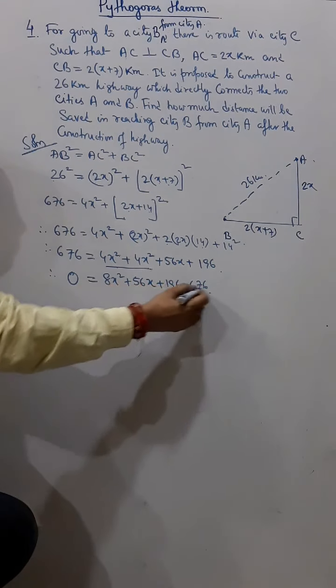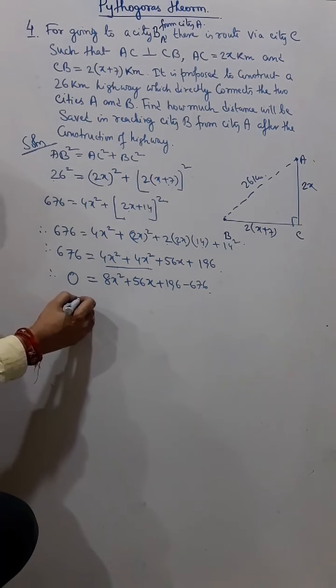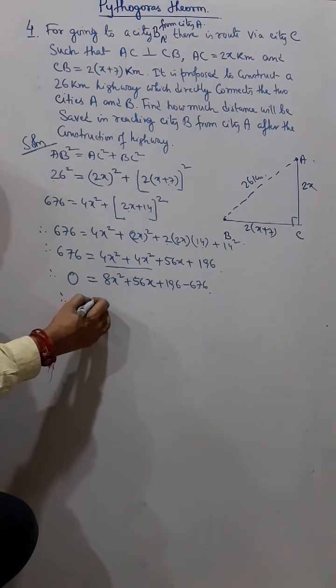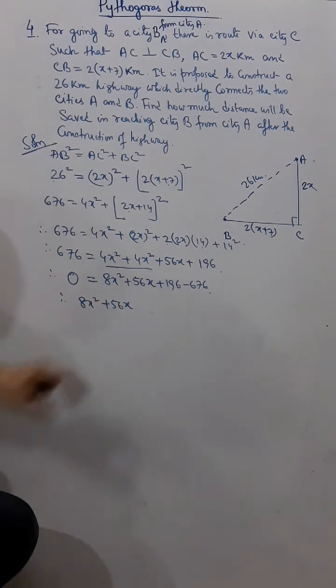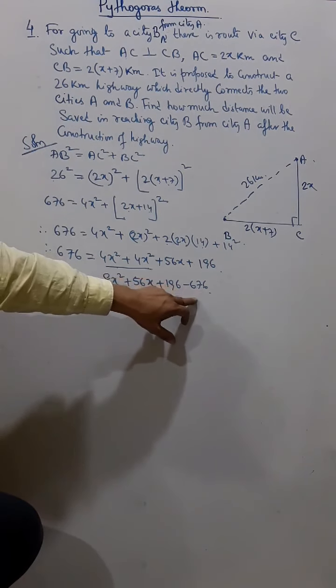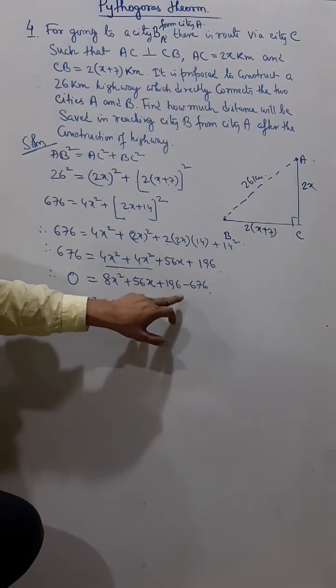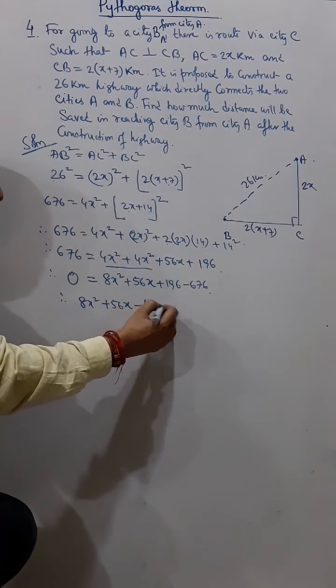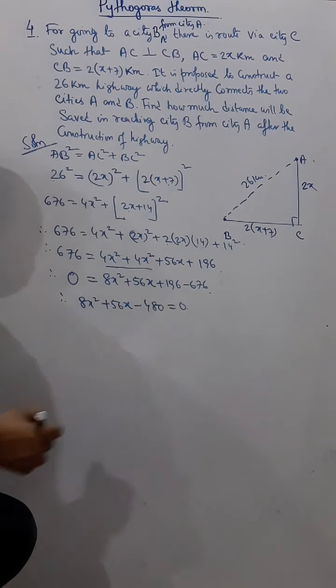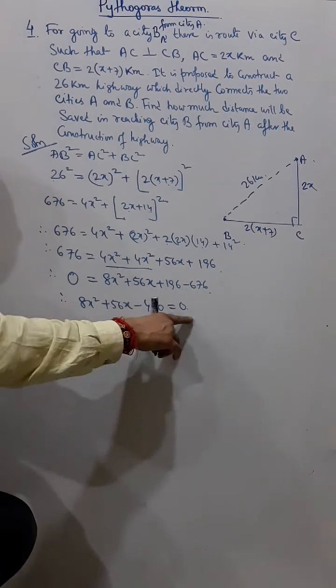Understand, we are getting a quadratic equation. So finally what we got is 8x square plus 56x and then plus 196 minus 676. We'll subtract, and after subtracting we are getting minus 480 and that should be equal to 0. Understand? So we got a quadratic equation.